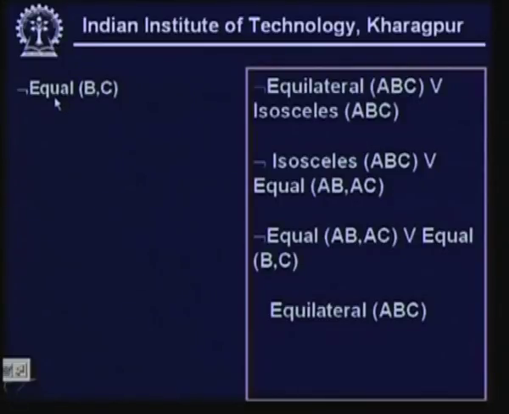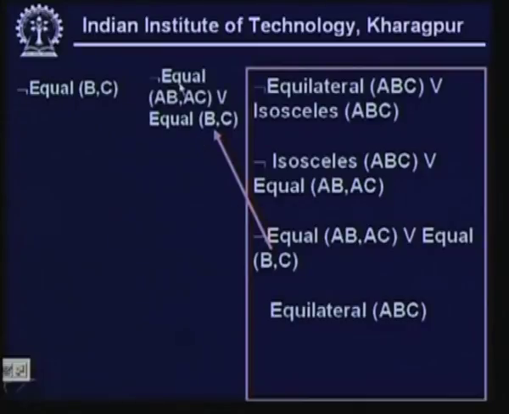How can I do it? I will select one of the clauses from here, where I have to be a little intelligent and find out that, okay, here is a clause which has got the complement of this literal, not equal BC, and here is equal BC. So, I will select this clause. I will take this clause and I will try to resolve between these two clauses.